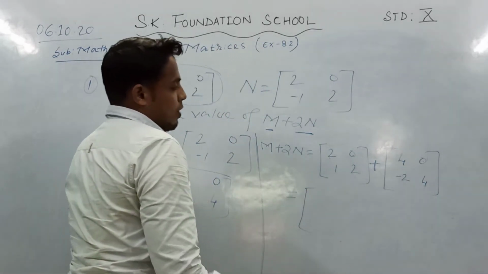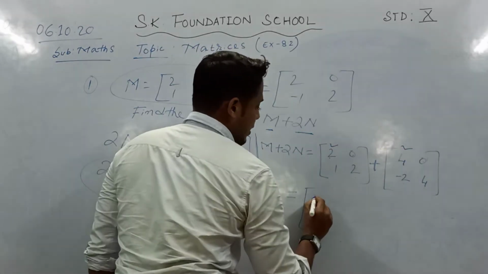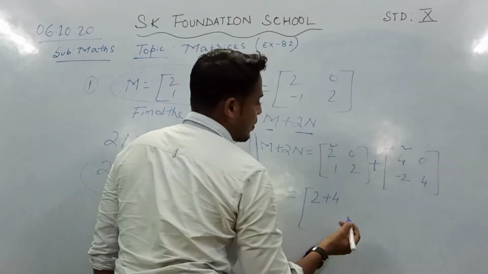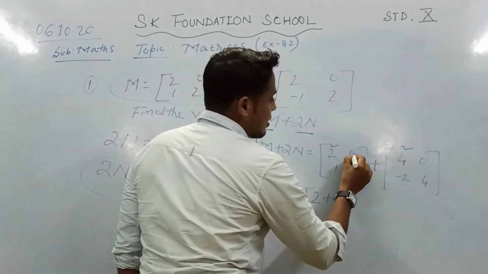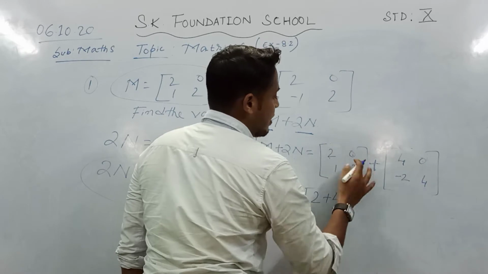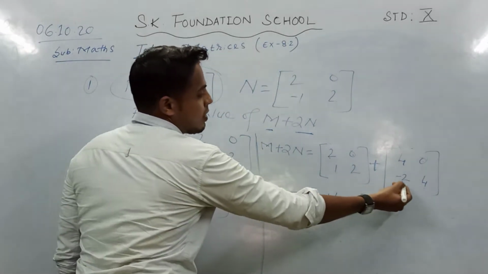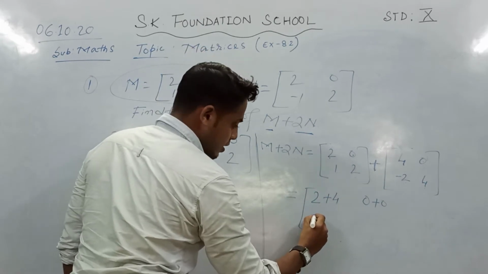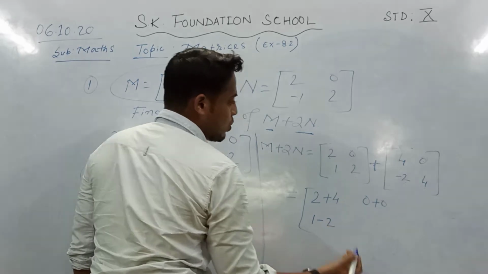So we are going to add this 2 with this 4. That means 2 plus 4, because these two positions are equivalent. In the same way, 0 plus 0. Then this 1 and this minus 2, so 1 plus minus 2.